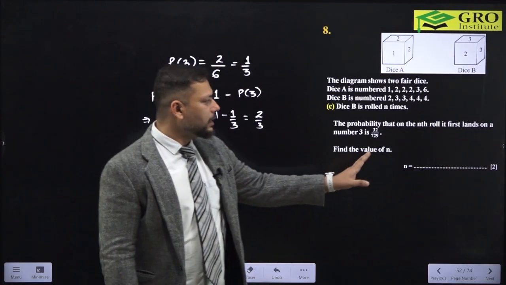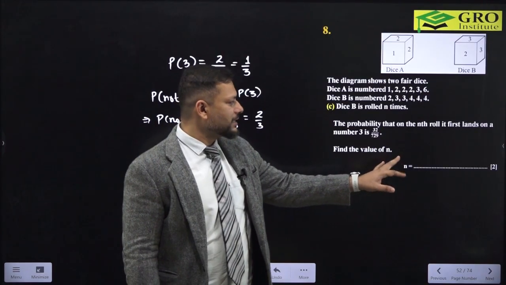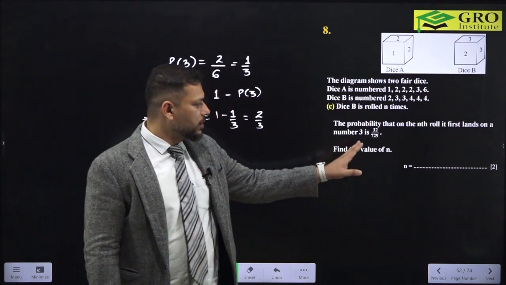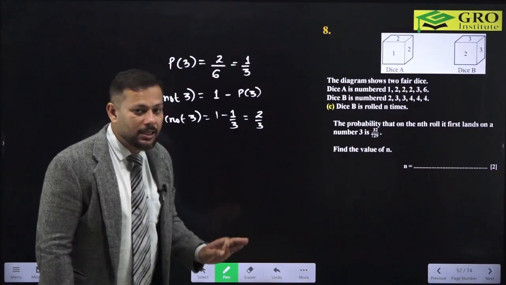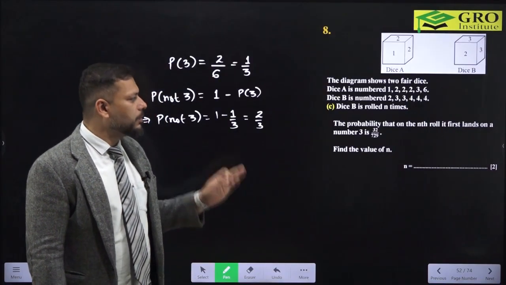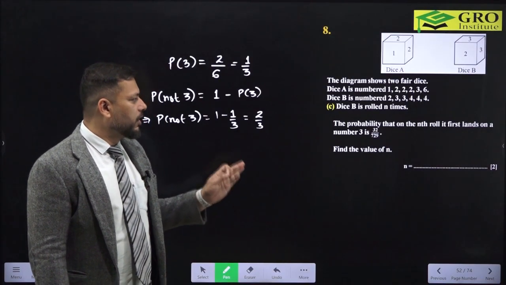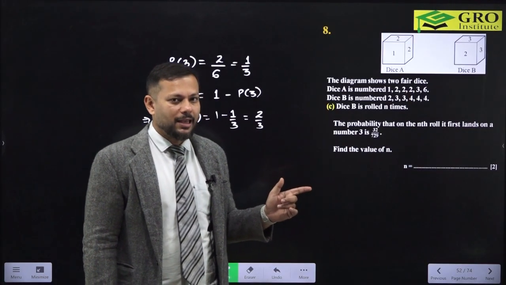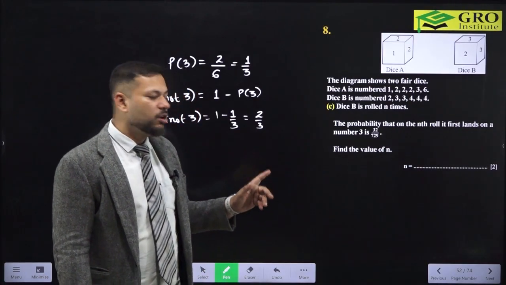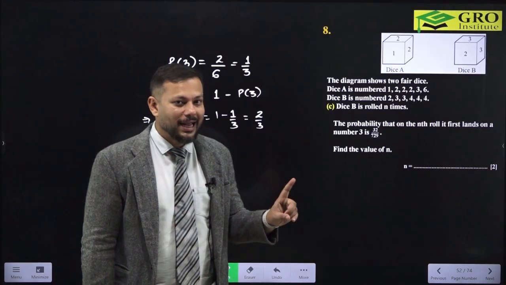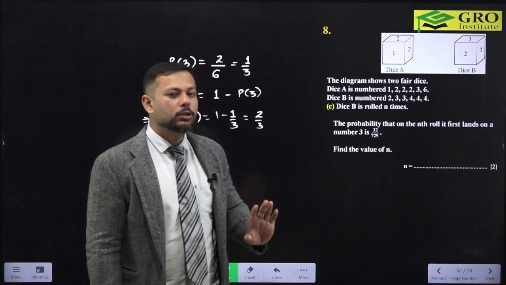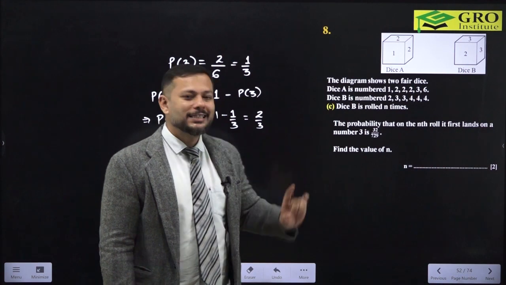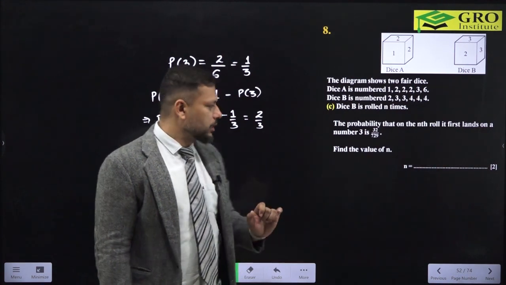The probability that on the nth roll it first lands on a number 3 is 32 by 729. That means if I multiply the probability of not getting a 3, that is n minus 1 number of times, with the probability of getting a 3, that is only 1 time, it is equal to 32 upon 729. That is what it is.